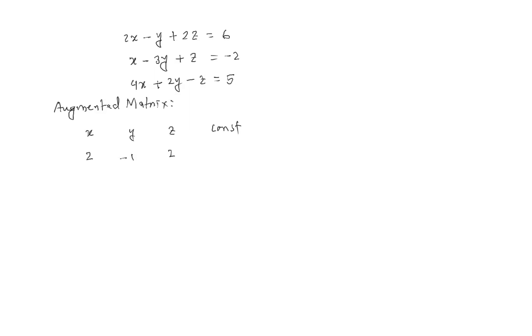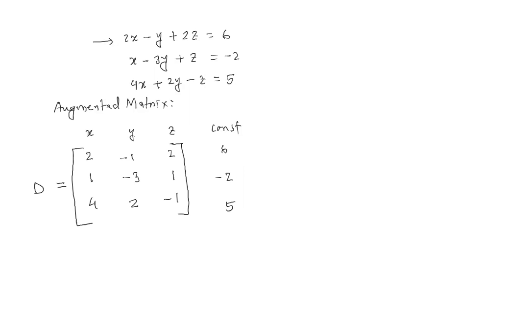I'm taking the coefficients of x, y, and z for each of these equations. 1, negative 3, 1, 4, 2, and negative 1, and the constants are 6, negative 2, and 5. Consider this matrix only, I call it D.